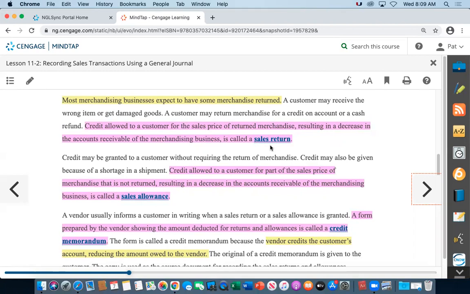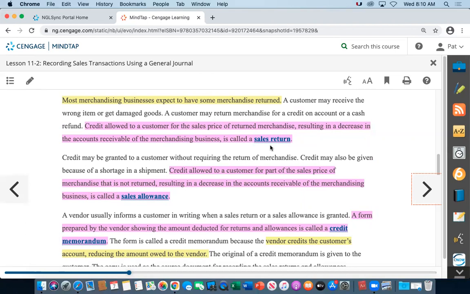Well, what they're saying here, credit allowed to customer for sales price of returns resulting in a decrease, is they're going to return things. So the bill for, let's say, account receivable, your company, if you return $300 worth of items, you're going to owe us $1,000. You owe us $700, right? So they have to have a credit memorandum in place to take this off the customer's bill.